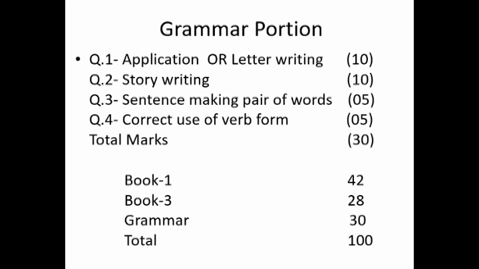Now you can see Book 1 carries 42 marks, Book 3 carries 28 marks, and both these books carry 70 marks altogether, and the grammar portion carries 30 marks, and this is how you get your aggregate of 100 marks.